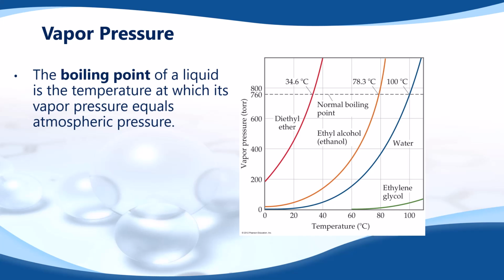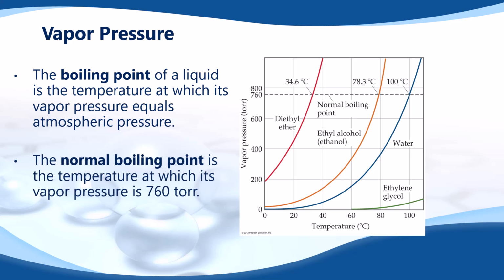Now, one thing to keep in mind is boiling is not the same as vaporization. Vaporization is turning a liquid into a gas. Boiling is when the vapor pressure of the liquid equals the atmospheric pressure surrounding it. Right? So we have something called normal boiling point, which is when the vapor pressure of the liquid is equal to 760 torr or 1 atm, right?